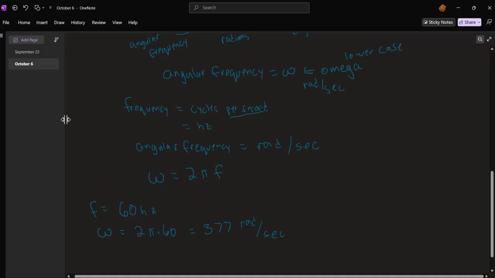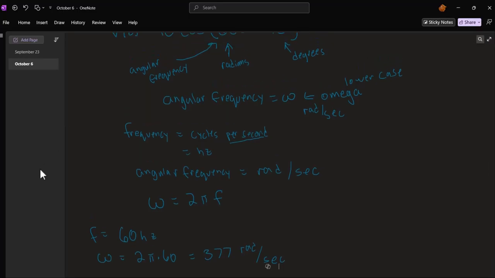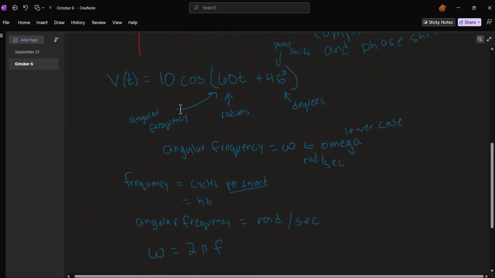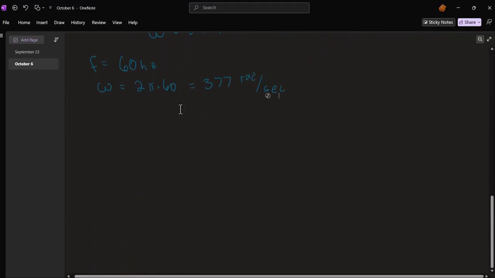Okay, so what we do is we take our voltage here, which was as a cosine, v of t equals 10 cosine (60t plus 45).